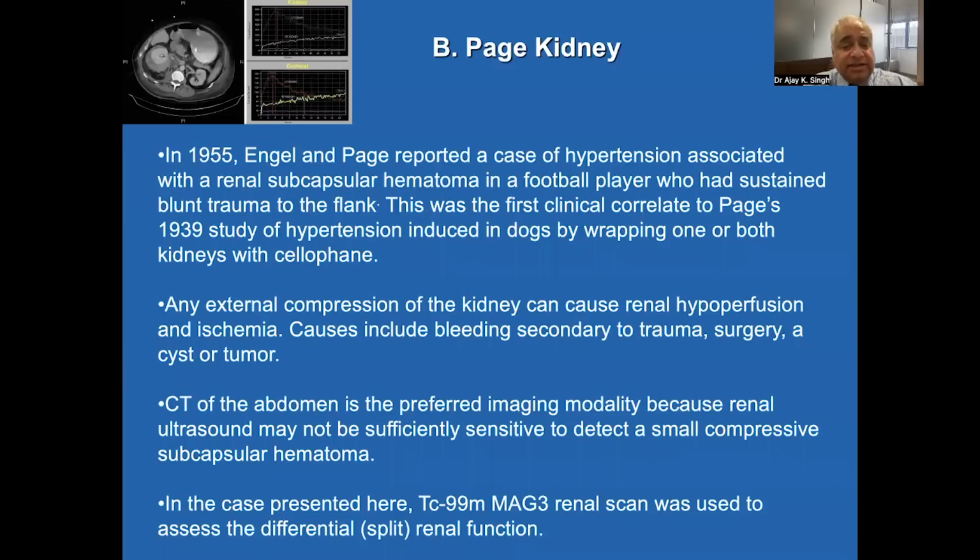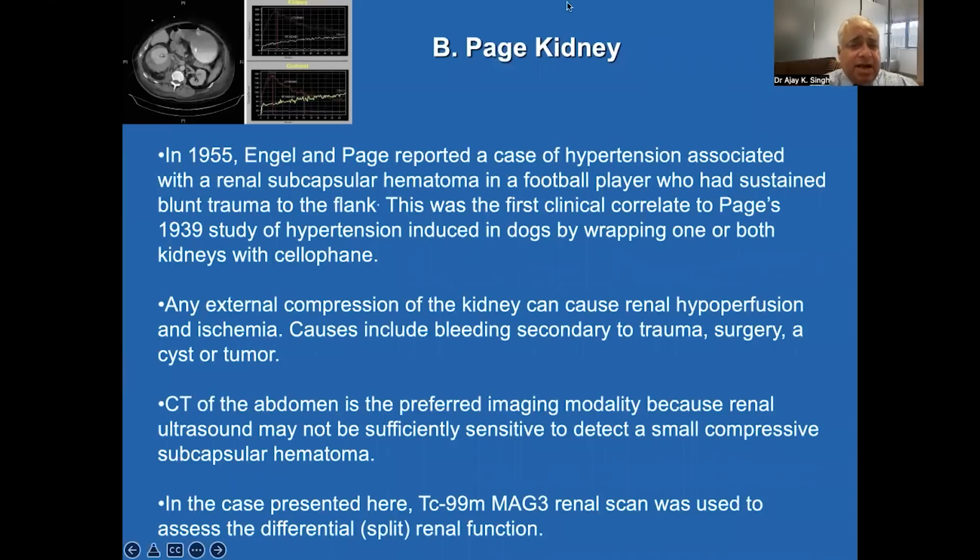Causes include bleeding secondary to trauma, surgery, a cyst, or a tumor. Now, CT of the abdomen, as shown in the case that's presented, is the preferred imaging modality because renal ultrasound may not be sufficiently sensitive to detect a small compressive subcapsular hematoma.